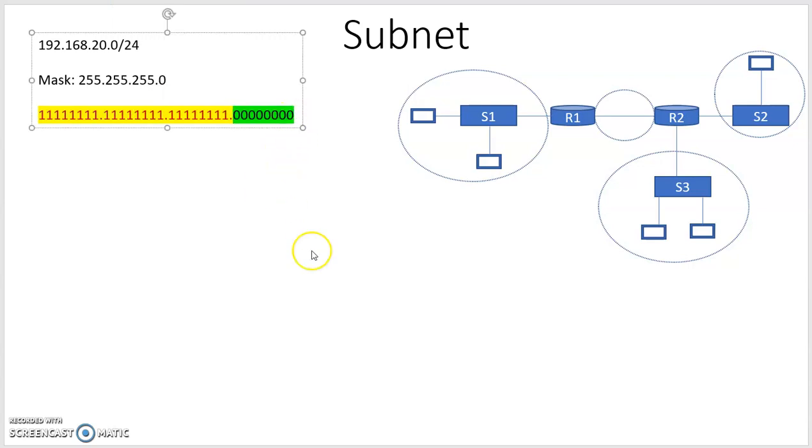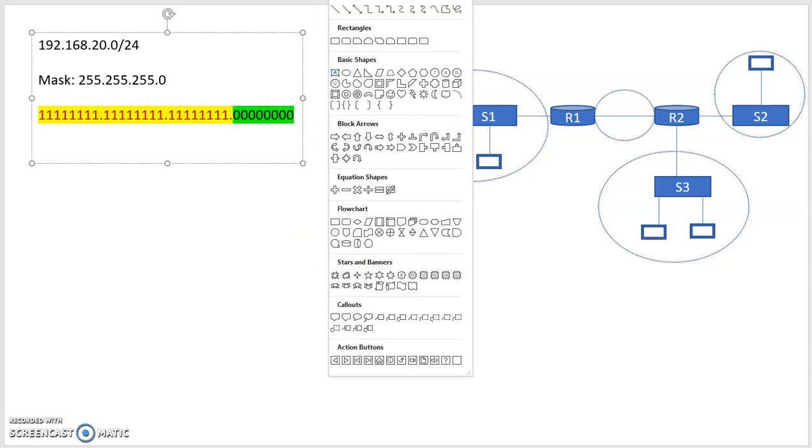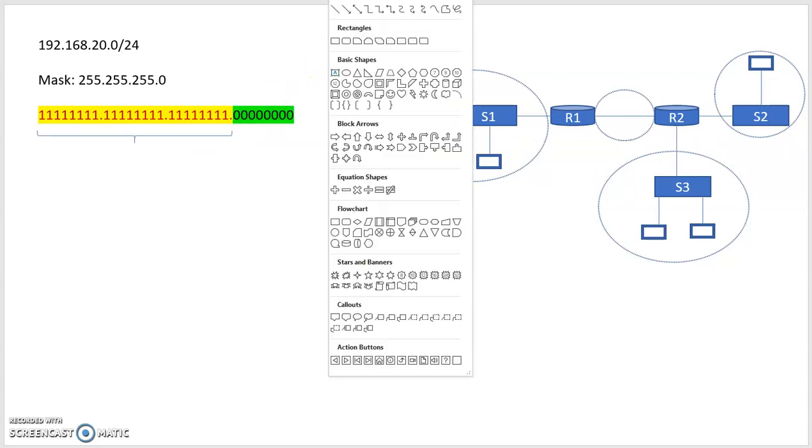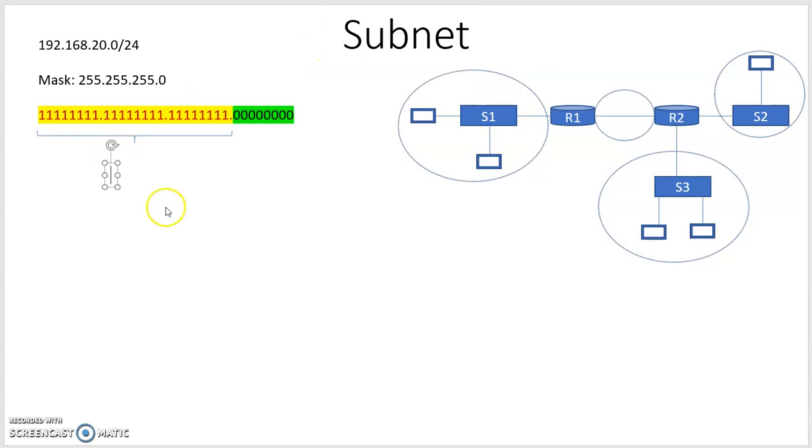So from here, let's see if we can do it like this. There we go. The first 24 bits from here to here, that's the network portion. That's the network.